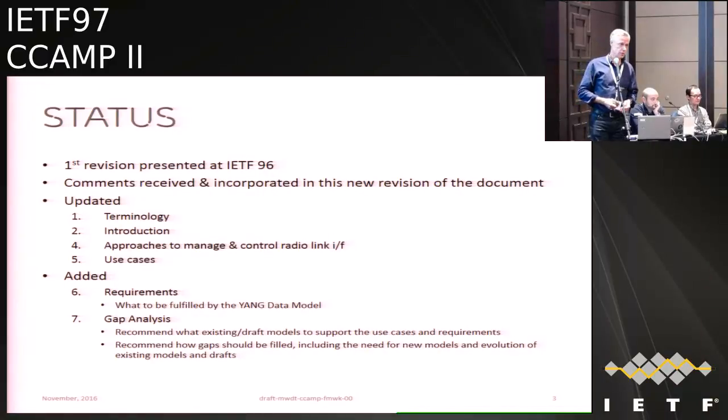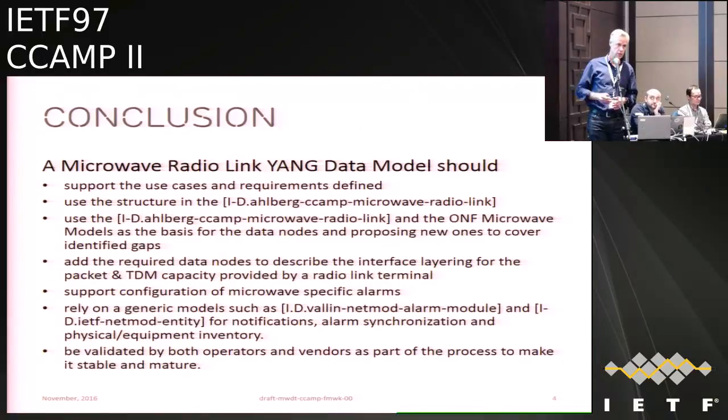And this is a short summary of the recommendation. I won't go through all the details. I would like to highlight a few of them. The structure, that's one big reason why I'm bringing it up here. We would like to use a structure which is in line with the interface management model, RFC 7223, and introduce 2 new interfaces in line with what was included in a previous model for microwave radio links.